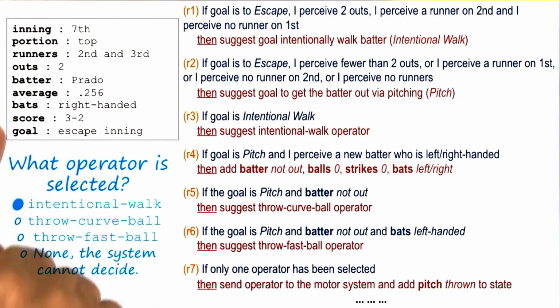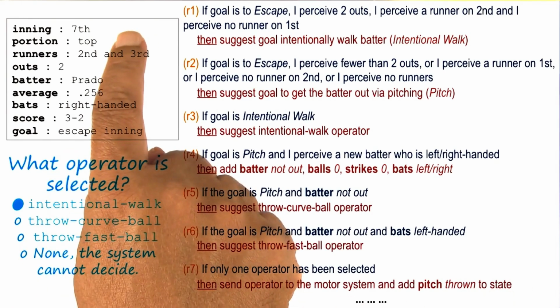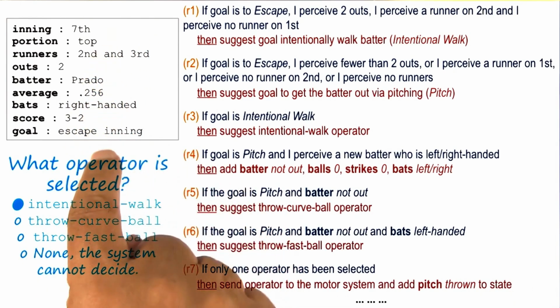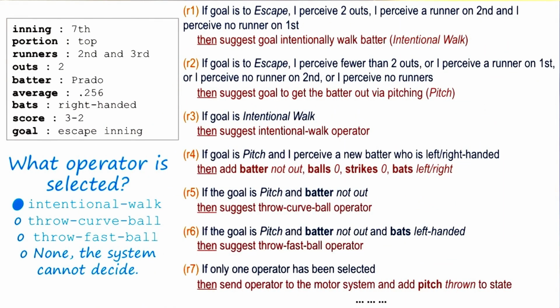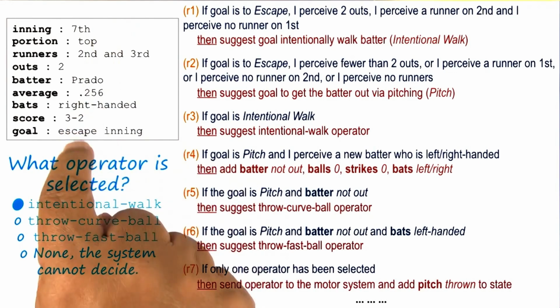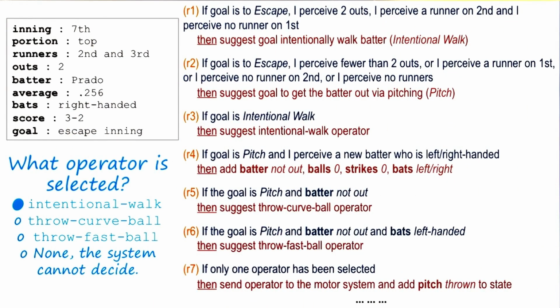So note what happened. There were the contents of the working memory. Here were all the rules available in the procedural part of the long-term memory. And SOAR then matched the contents of the working memory with the antecedents of the various productions. Depending on the match between the contents of the working memory and the antecedents of the rules, some rules got activated or fired, as some people say.